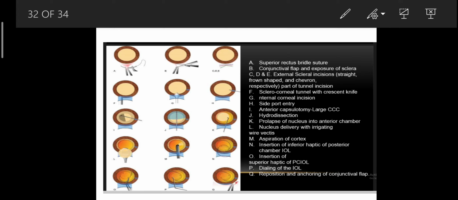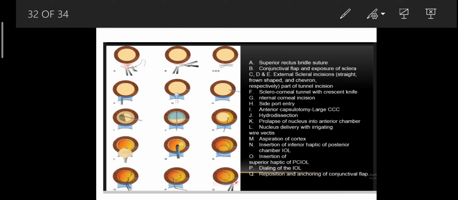Similar to ECCE, any viscoelastic has to be removed. And the difference between ECCE and this is we are not putting sutures at the end of the surgery because it's a self-sealing wound. Here the wound incision length is small when compared to ECCE, and we are making a scleral tunnel, a corneoscleral tunnel, which has properties of self-healing.